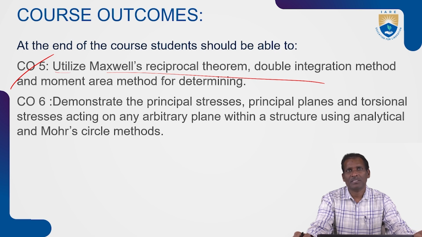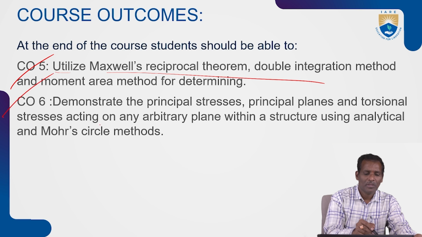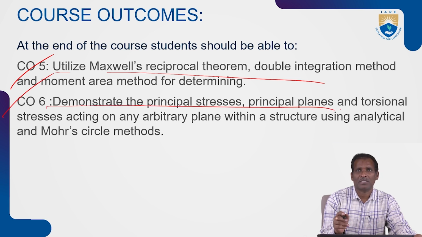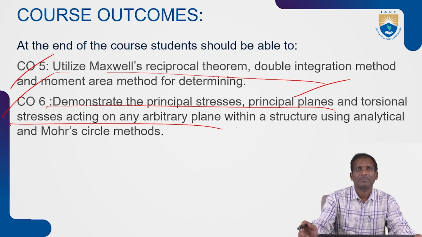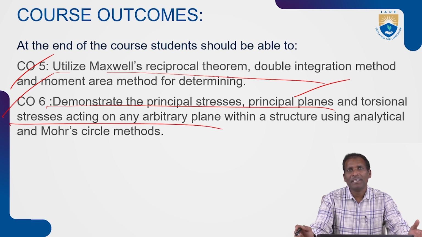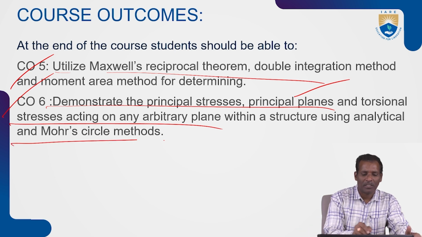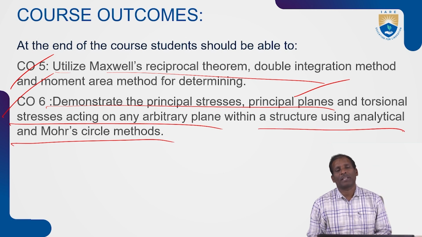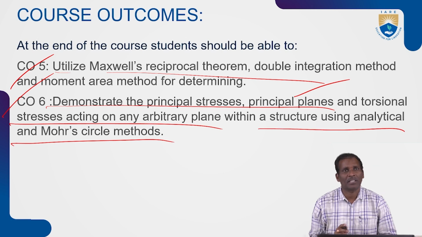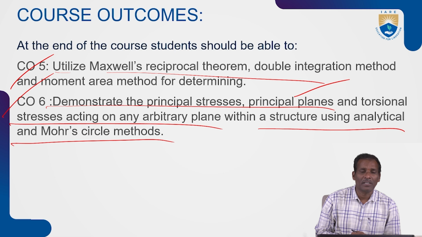Similarly, CO6, at the end of the course, students should be able to demonstrate the principal stresses, principal planes, and torsional stresses acting on any arbitrary plane within a structure using the analytical and Mohr's circle method. We have already covered these two topics, the analytical method and Mohr's circle method, in the theory session, and also did problems.